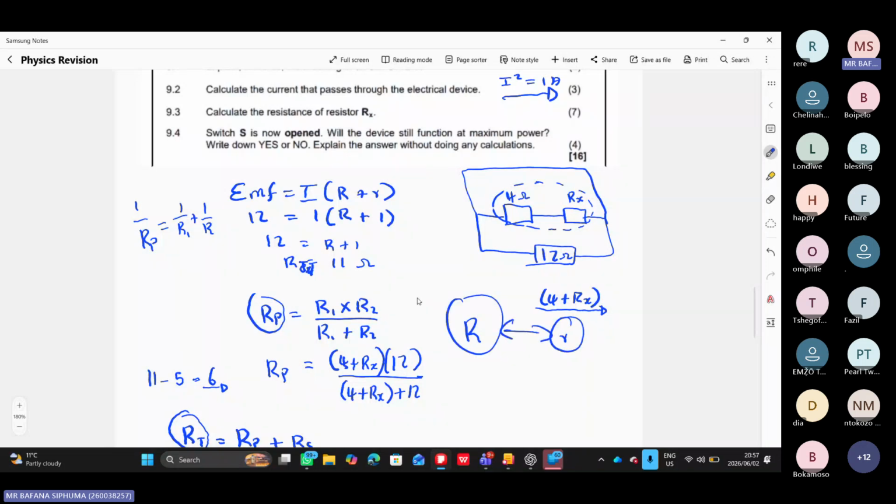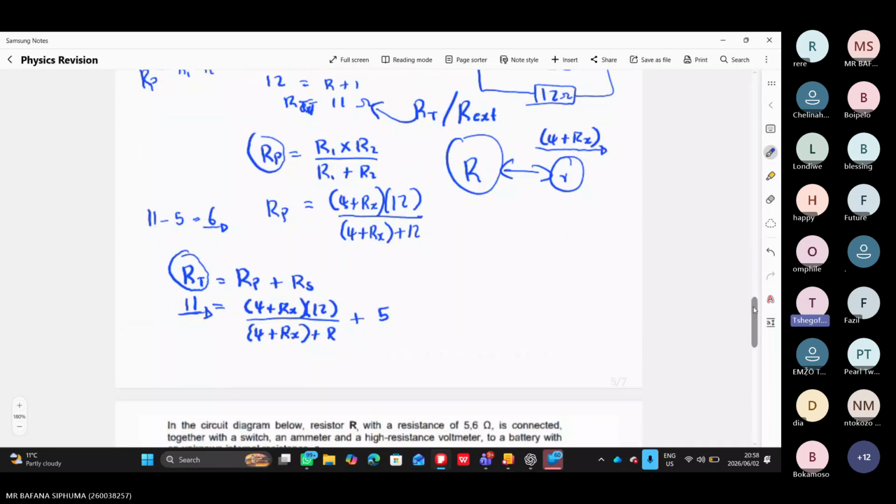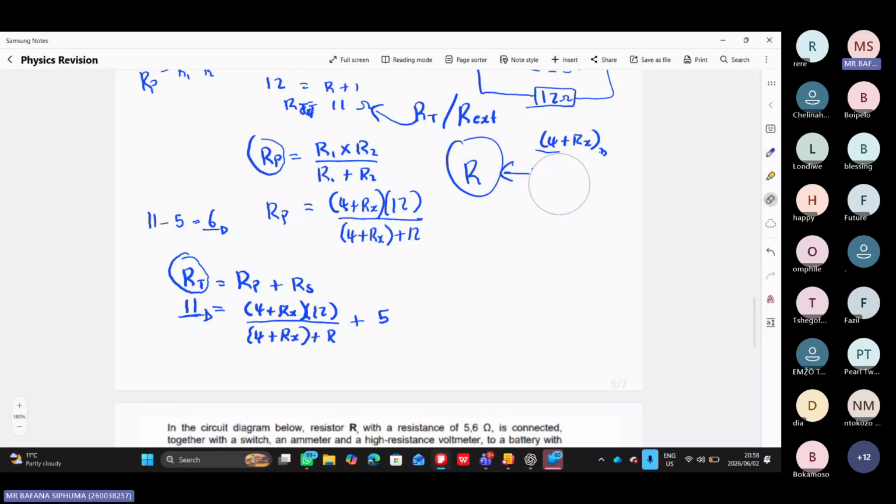That is why I'm saying it's RT, the 11 ohm, same thing as R external. I hope you are fine there.